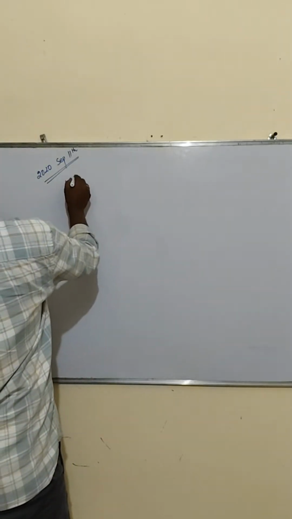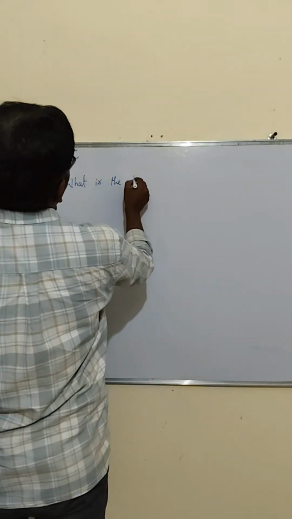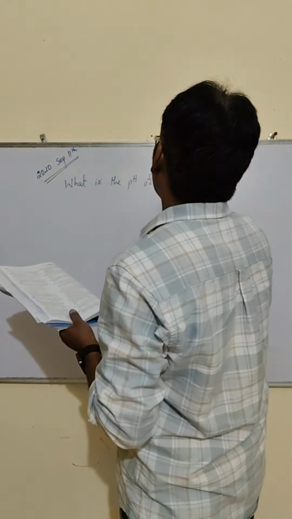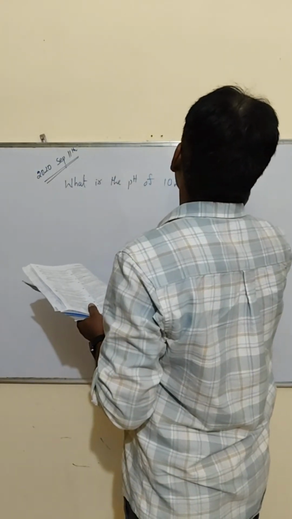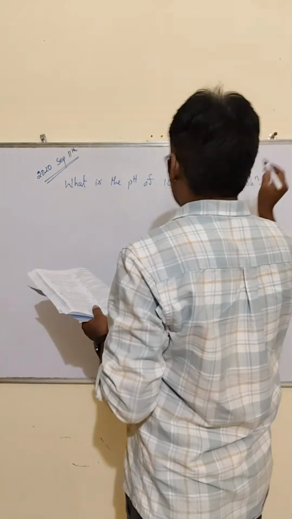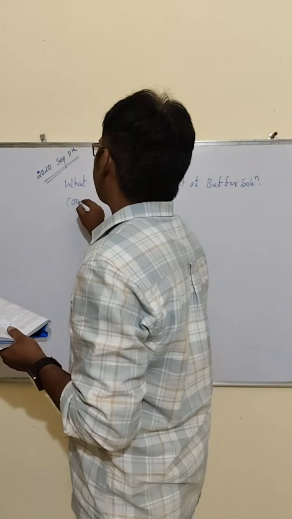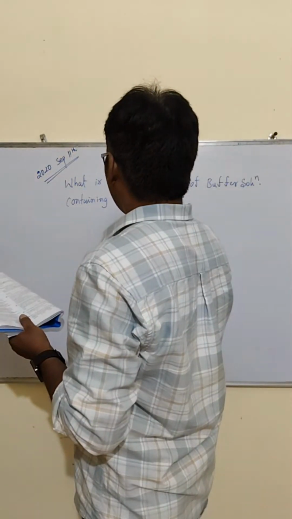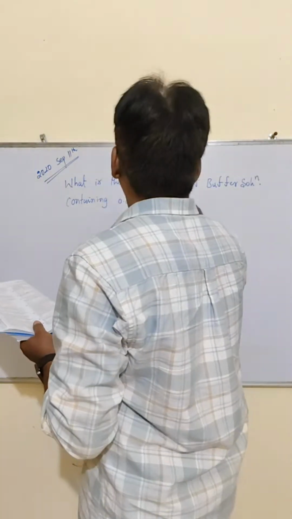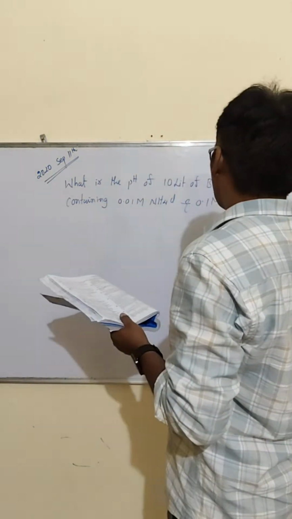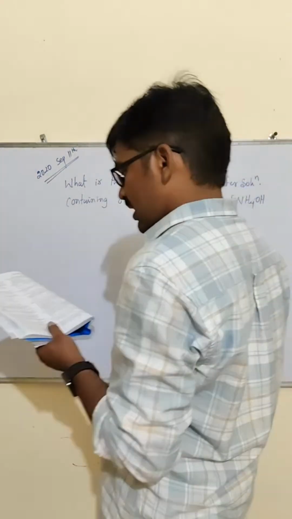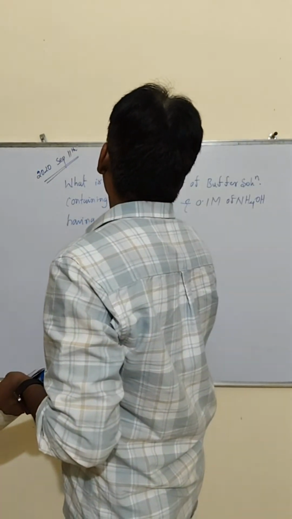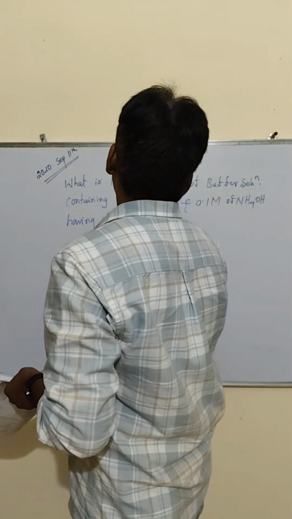What is the pH of 10 liters of buffer solution containing 0.01 molarity of NH4Cl and 0.1 molarity of NH4OH, having pKb value 5? So this is the question.